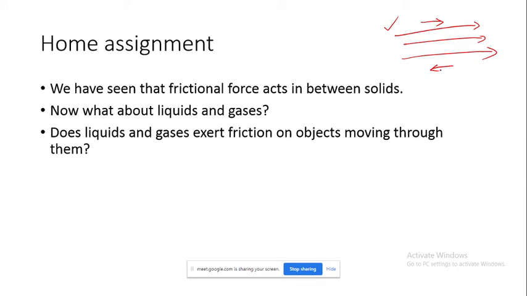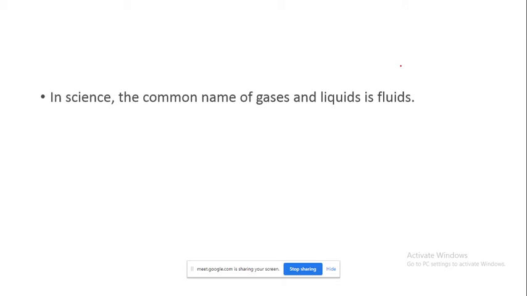Then something is not allowing it. There is some frictional force in this water which is opposing your swimming motion, and we are going to learn what it is.